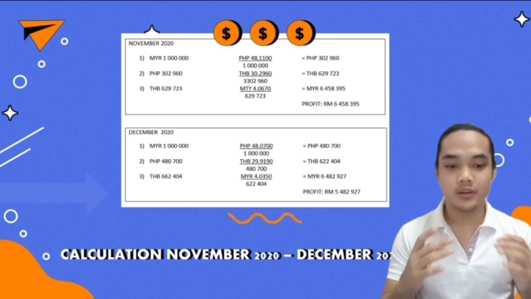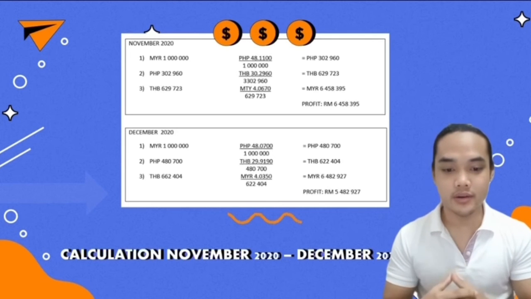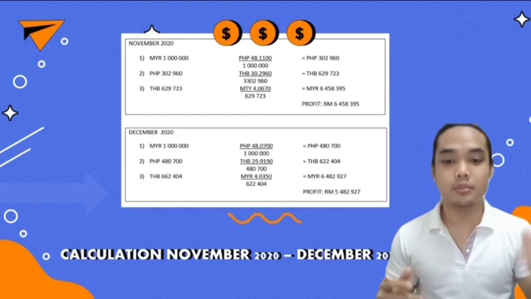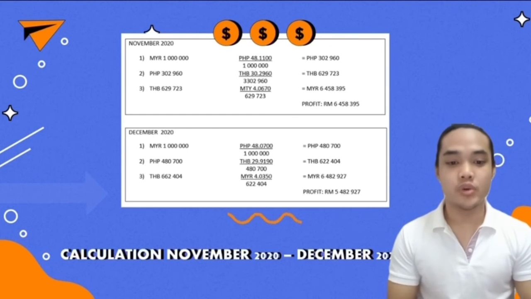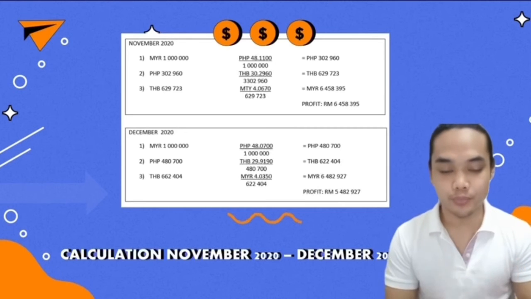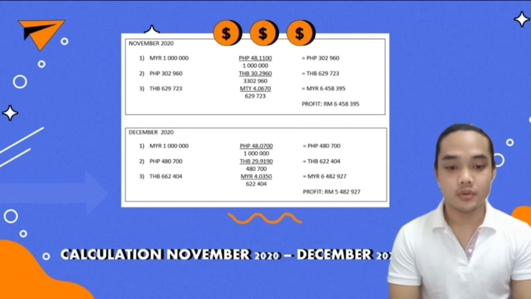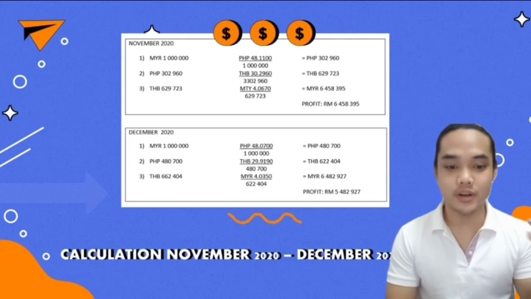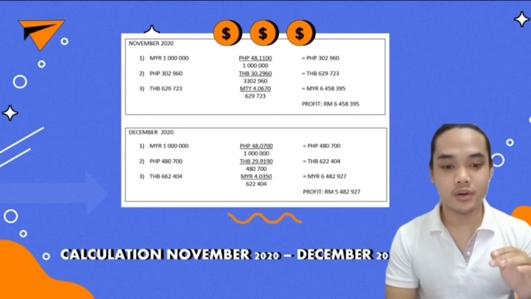After we have the Thailand baht in our hand, we converted back the Thailand baht to Malaysian ringgit with the price 4.0670. After we convert the Thai baht to Malaysian ringgit, we have 6,004,058.